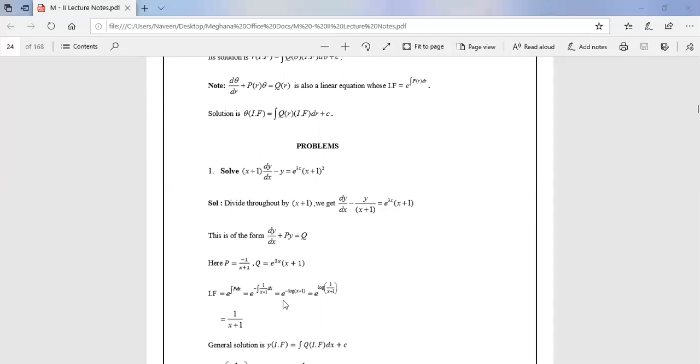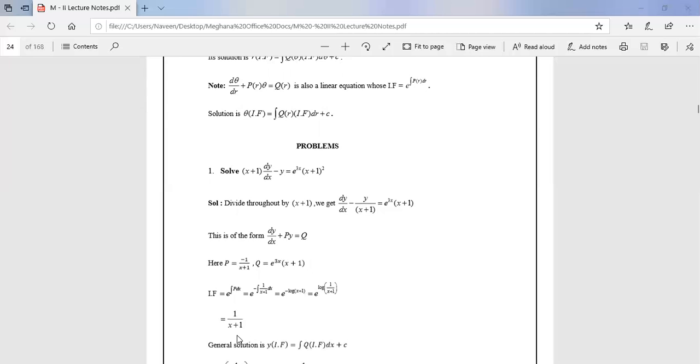So it becomes e power minus log of x plus 1. Minus log of x plus 1 can be written as log of (x plus 1) power minus 1, which is equal to e power log of 1 by x plus 1. The e and this log get cancelled, you get only 1 by x plus 1. So integrating factor is 1 by x plus 1.